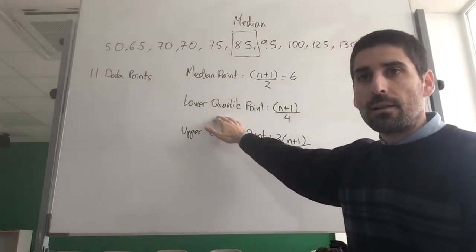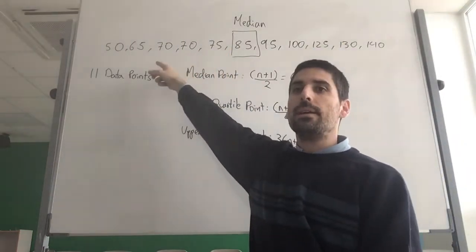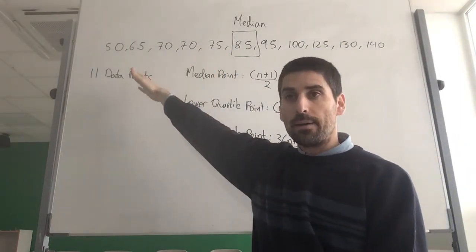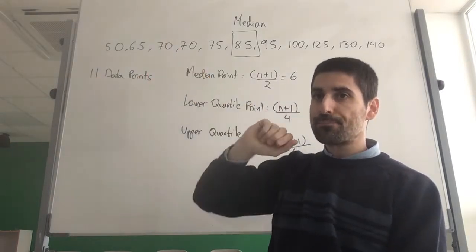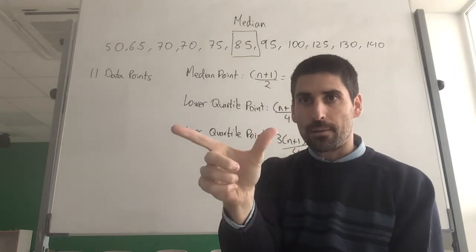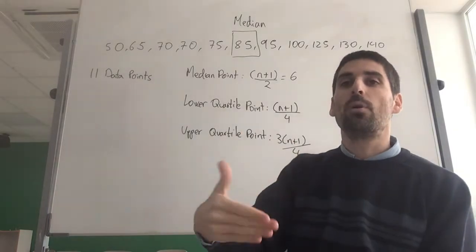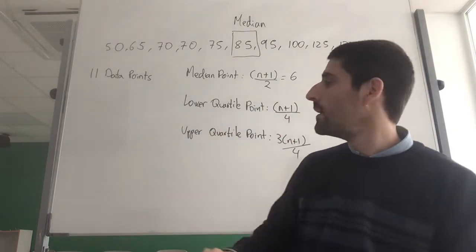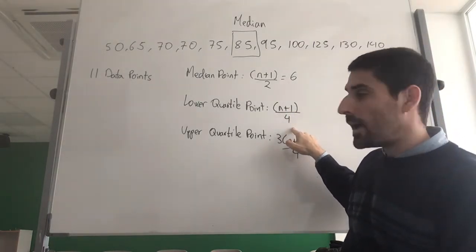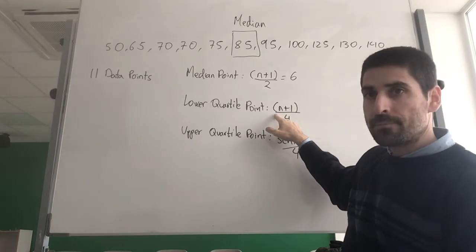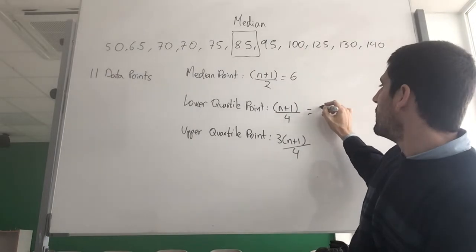For the lower quartile, we're going to look at only the first half of my data set, from the first point up to the median, and we're going to split that in half as well. To find which data point is the lower quartile, I do total plus 1 divided by 4. So the total is 11, plus 1 is 12, divided by 4 is 3.